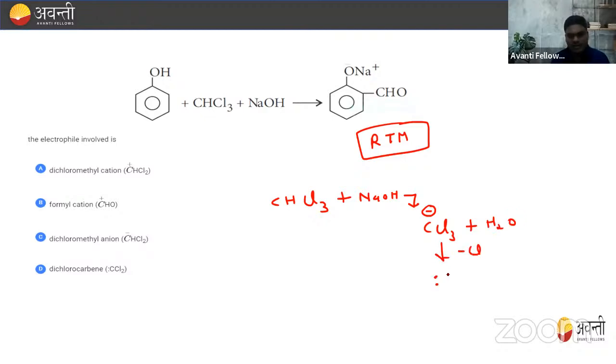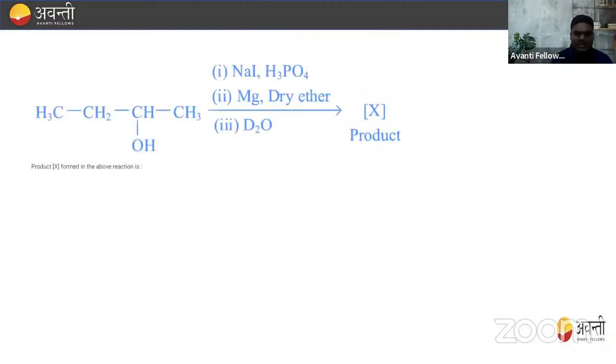So you will get CCl2, which acts as an electrophile. This is dichlorocarbene. Always remember, dichlorocarbene acts as an electrophile in this given reaction.